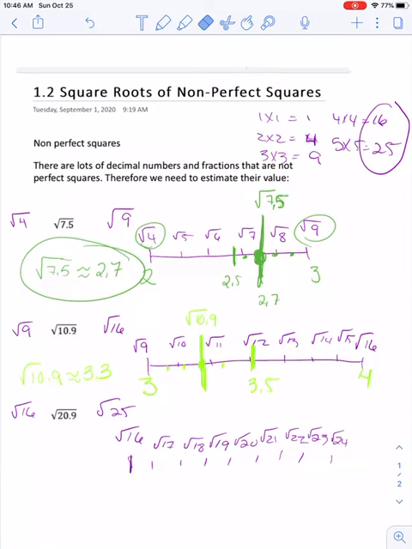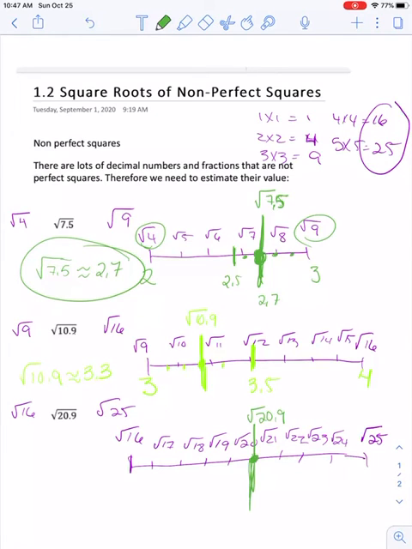Bring this one a little bit closer. So now we're going to be placing our square root of 20.9. The square root of 20.9 would be about here.